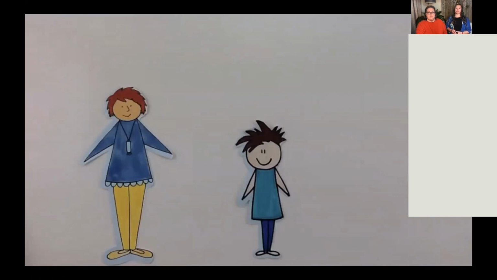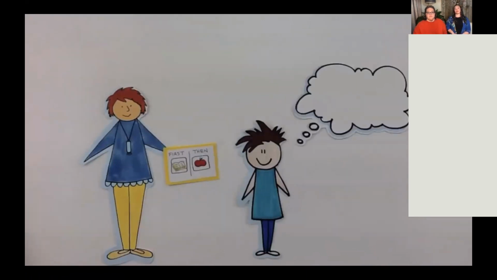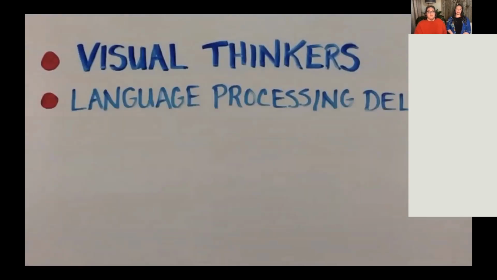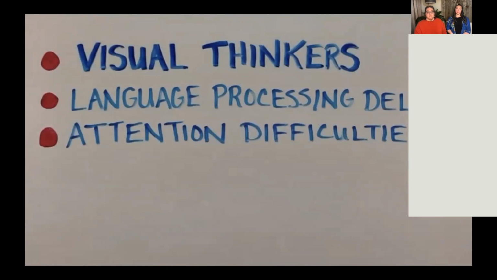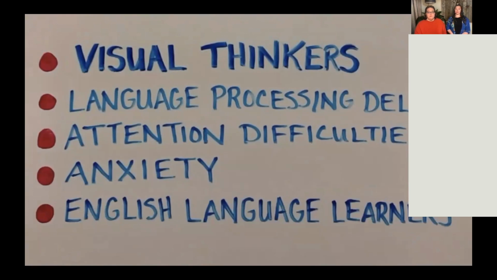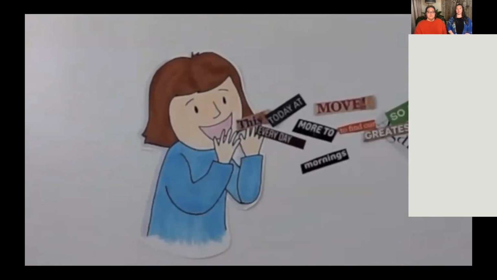Visuals literally help your students see what you mean. For students who are visual thinkers, have language processing delays, are easily distracted, anxious, or English language learners, visuals provide comfort, predictability, and access to the same information as their peers.